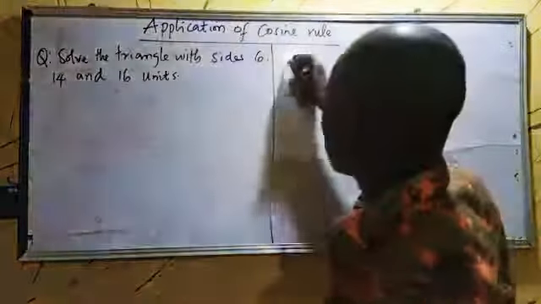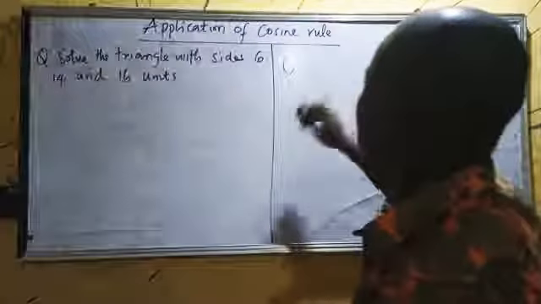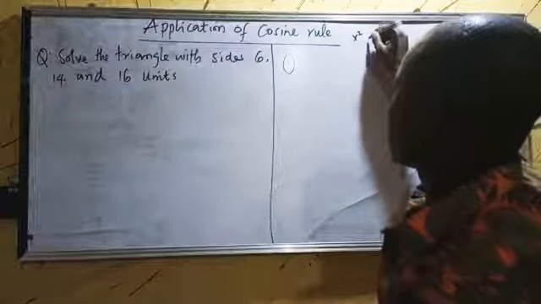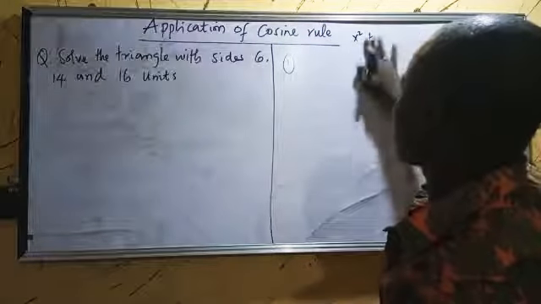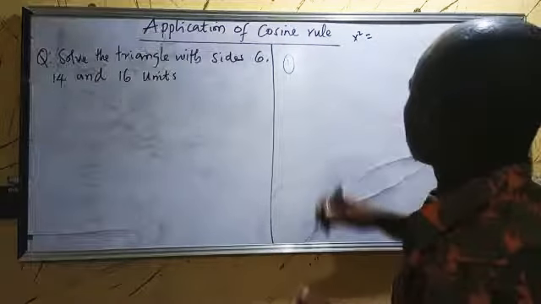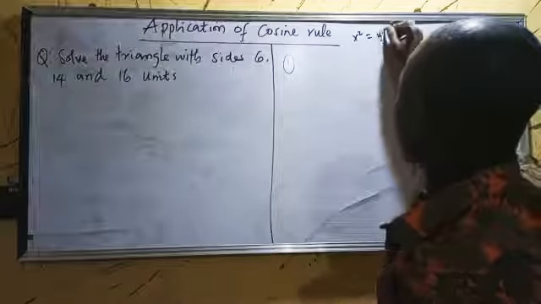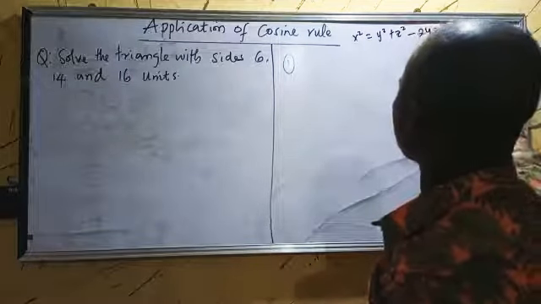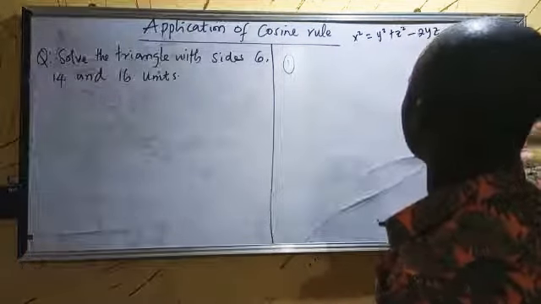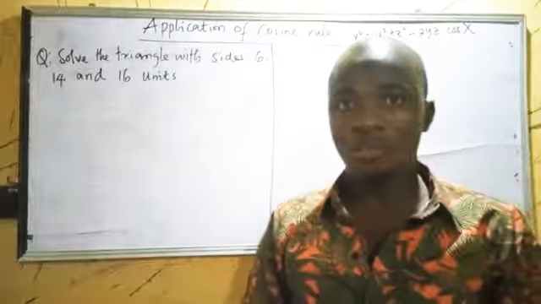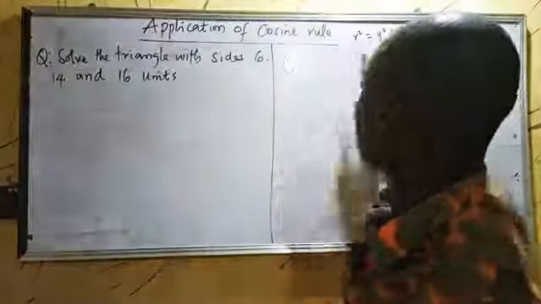The cosine rule is of the form: let's say we have x squared equals y squared plus z squared minus 2yz cos x. That is just the general formula of cosine rule.